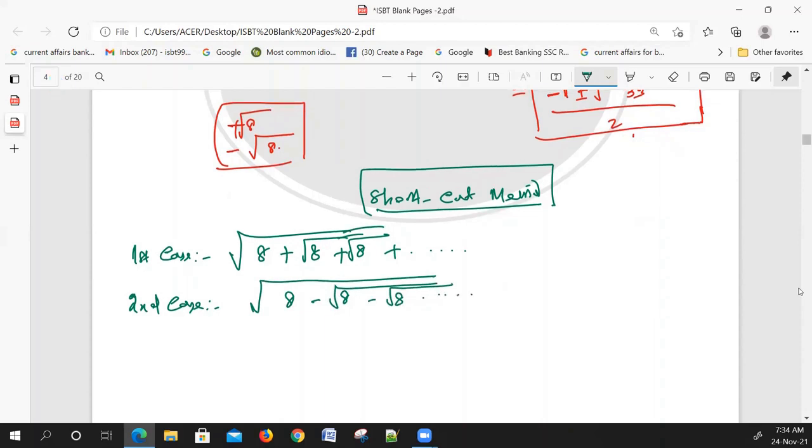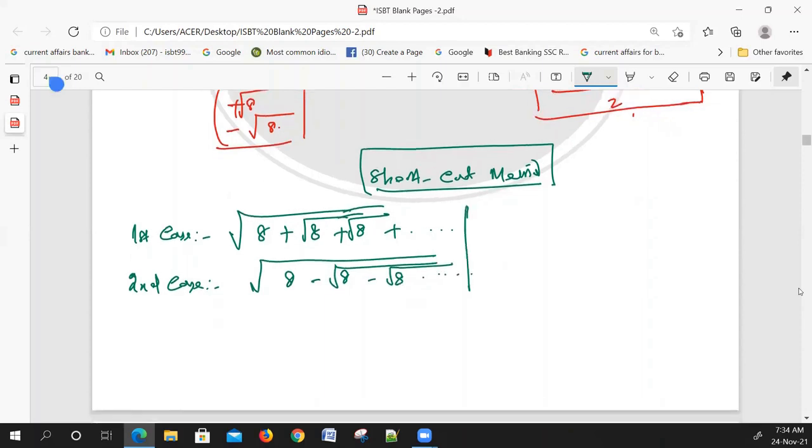So you just observe, the formula is minus b plus or minus root of b square minus 4ac by 2. You just observe that the value of b can be either plus or minus 1, because in the middle term there is an x, so b should be either plus or minus.